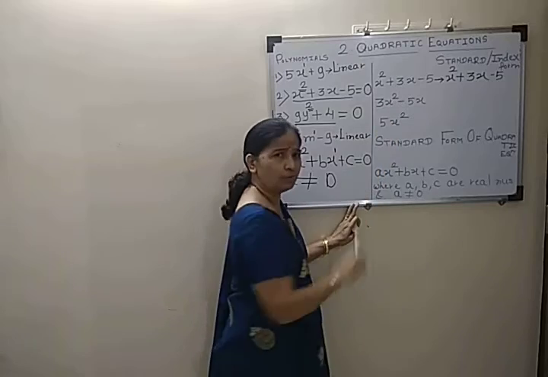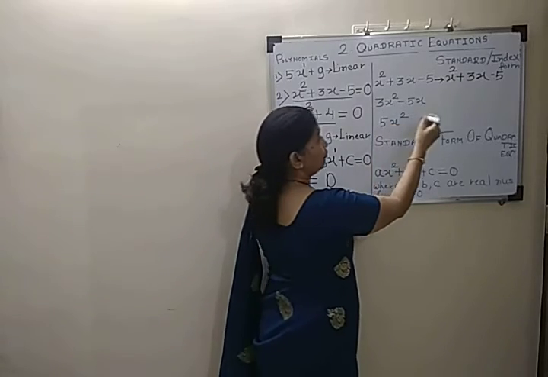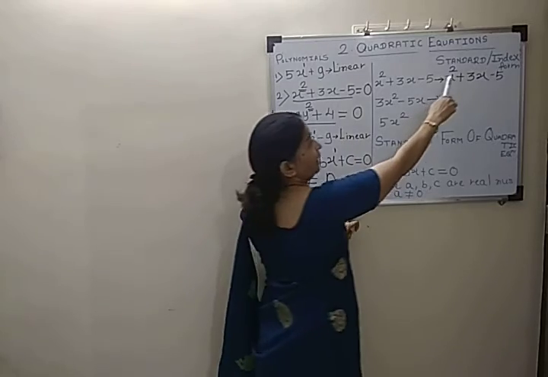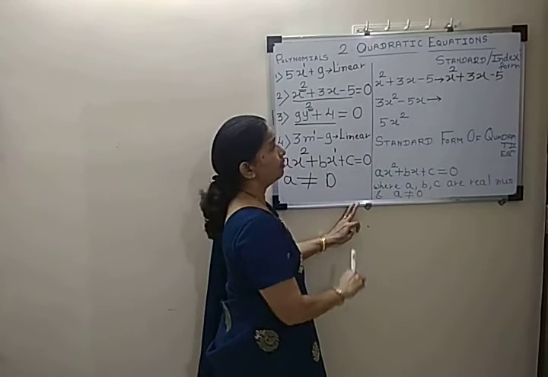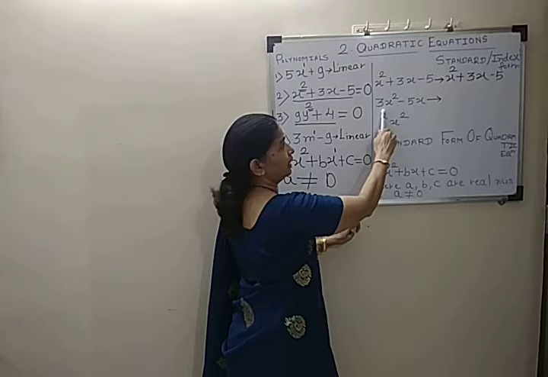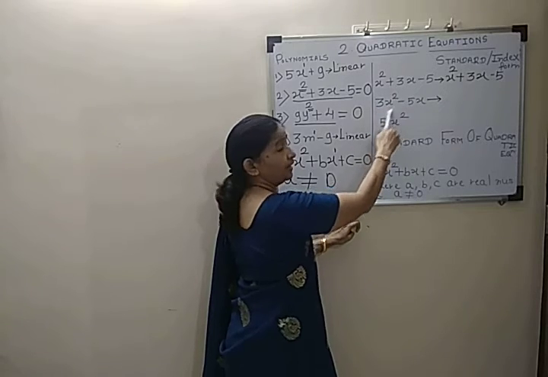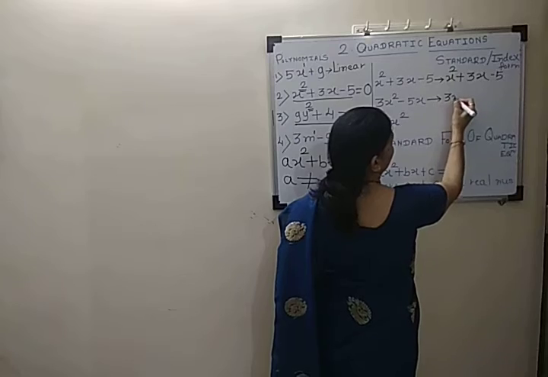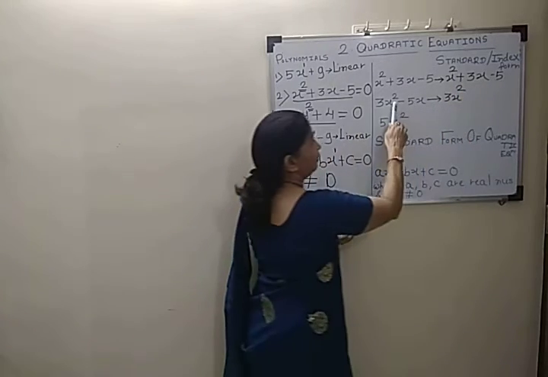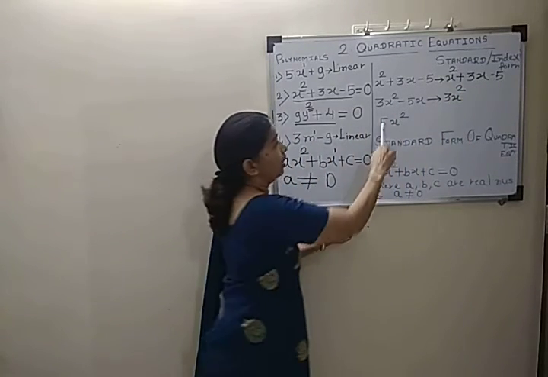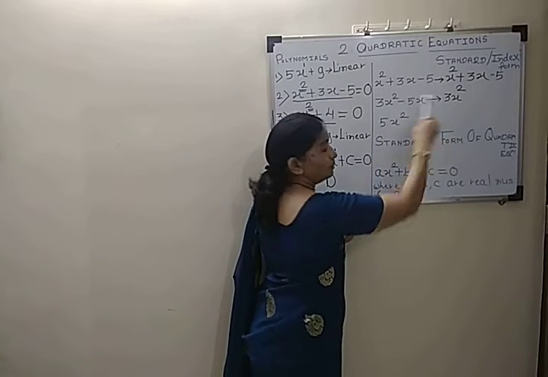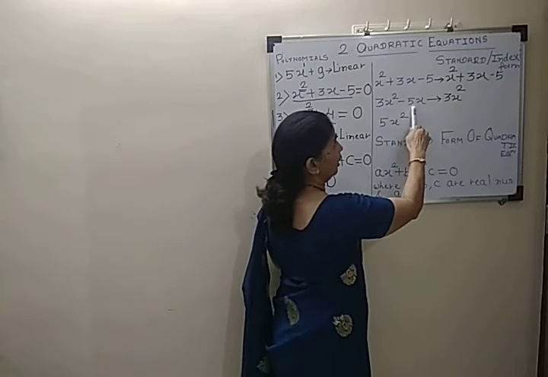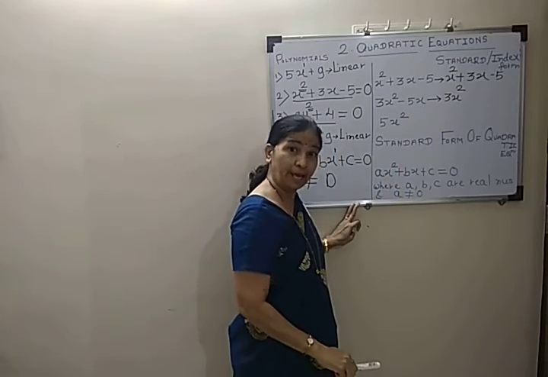What about this one? Okay, we will write it in the standard or index form. At first write the square term, so 3x square, that of which the index is 2. So I wrote it at first. Then the term with index 1, bx.